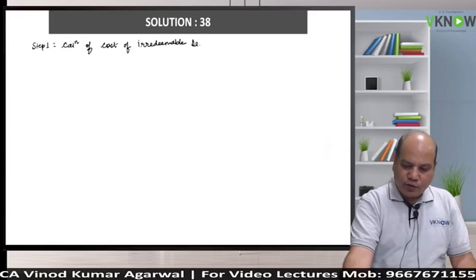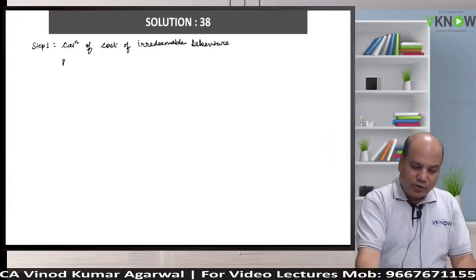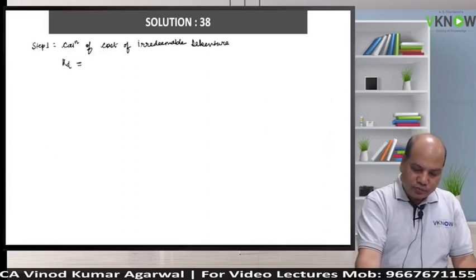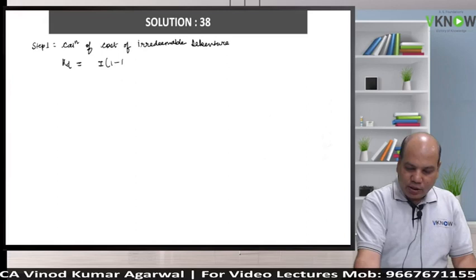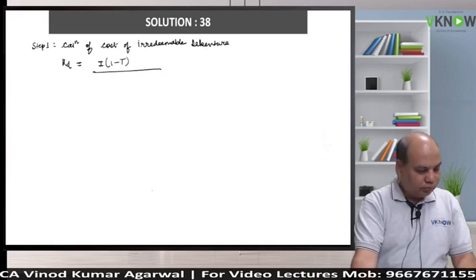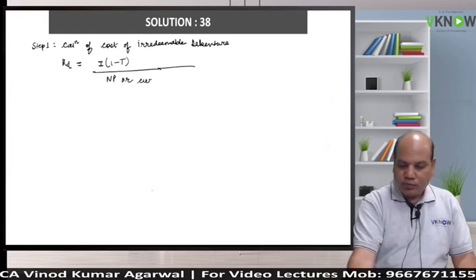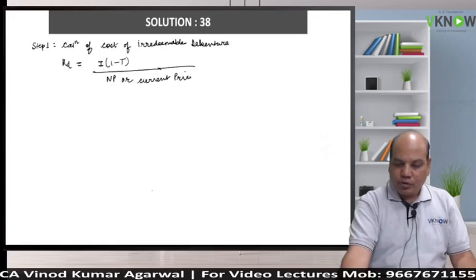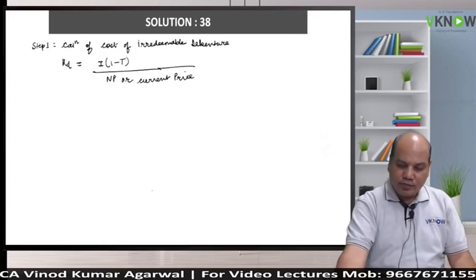So we'll use the formula for irredeemable debenture. KD equals I into (1 minus T) upon net proceeds. If net proceeds is not given, you can take current market price.